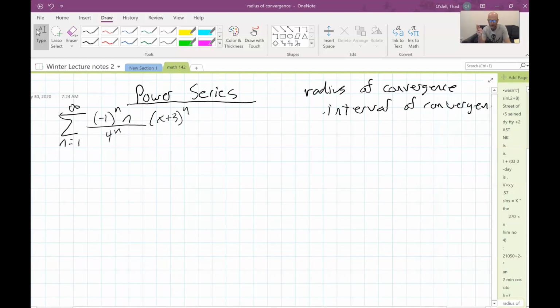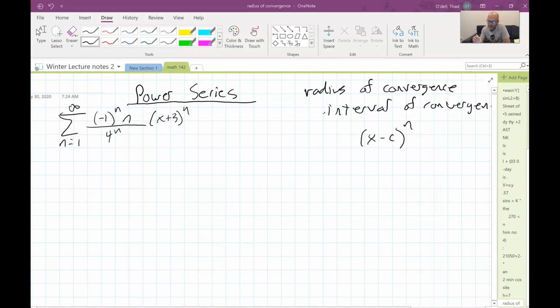So the way these power series work is they always have x minus the center somewhere in the expression. So in this case, the center would be -3. So that's the radius.